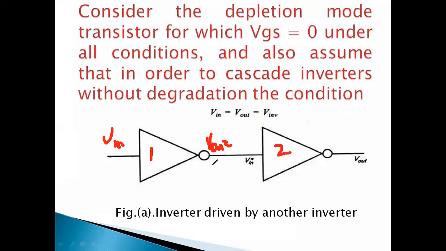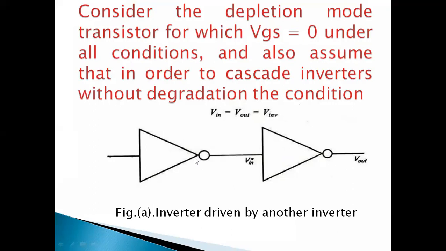Vout of inverter 1 is connected to Vin of the second inverter. This is called the connection.